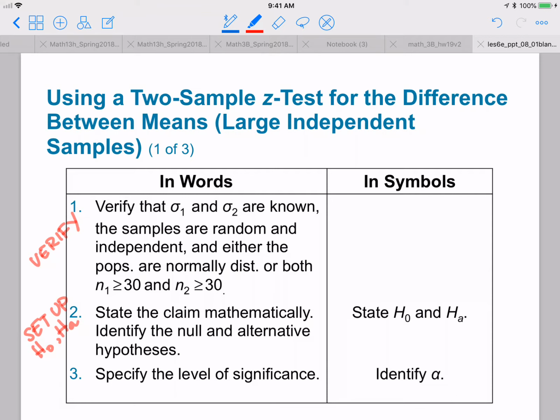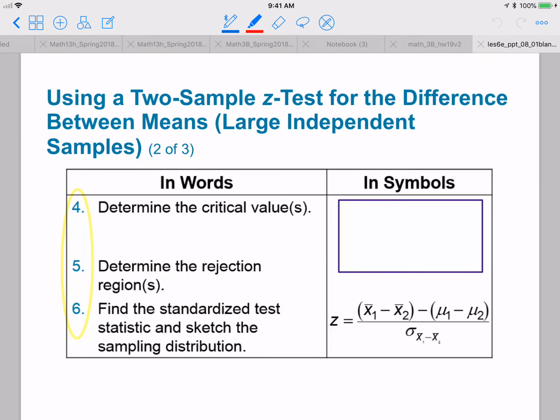Number 3 is we've got to figure out alpha. And then 4, 5, and 6. Now, if we are using the critical value and rejection region method, then these are the 4, 5, and 6 steps that we'll use.